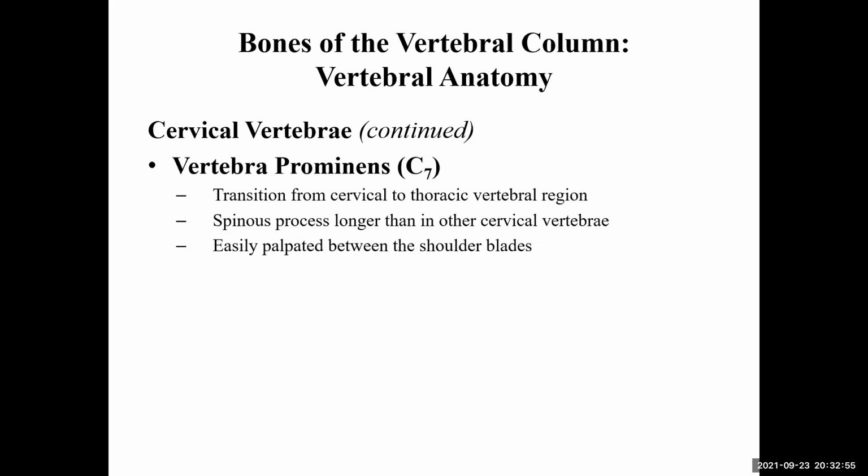Meaning, the vertebrae in the bottom portion of the cervical division, like C6 and C7, will start to take on the characteristics of the thoracic vertebrae, like T1 and T2.